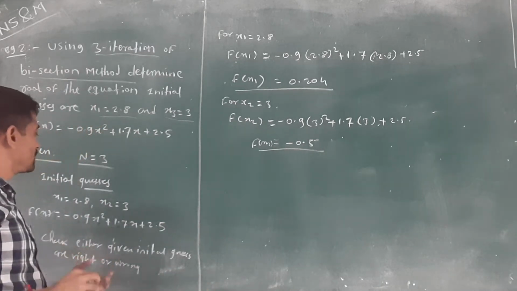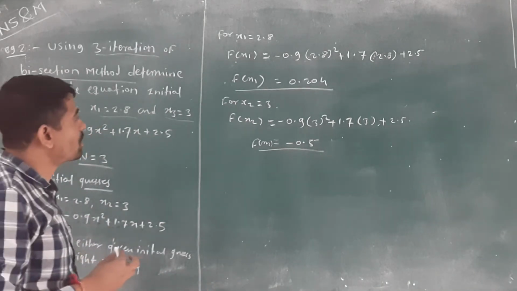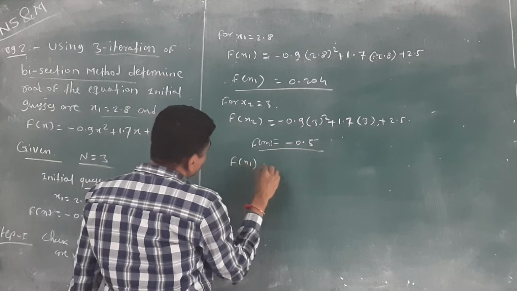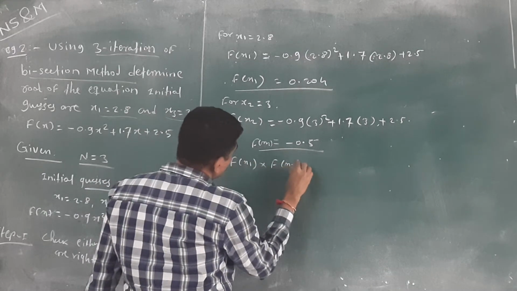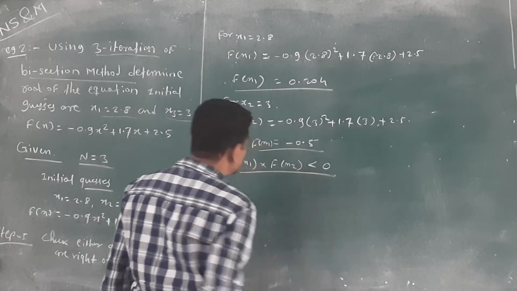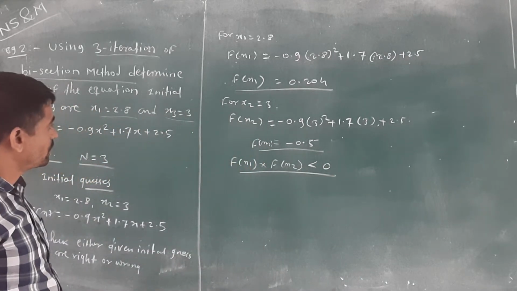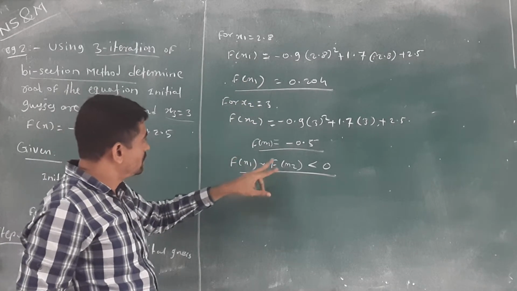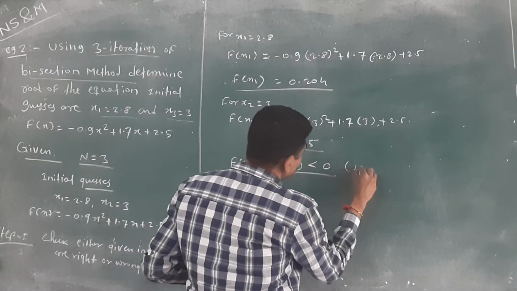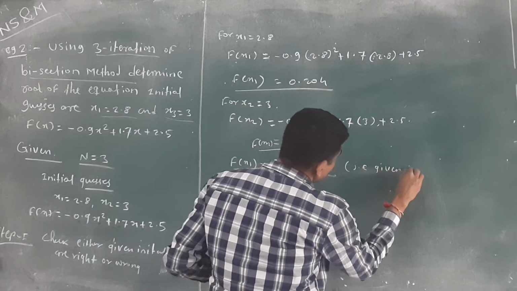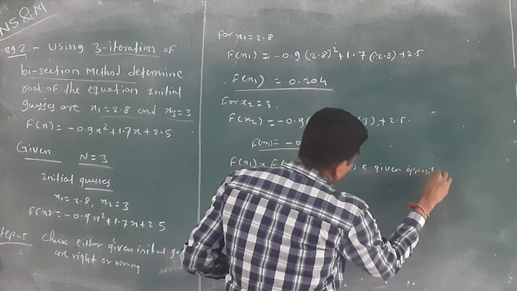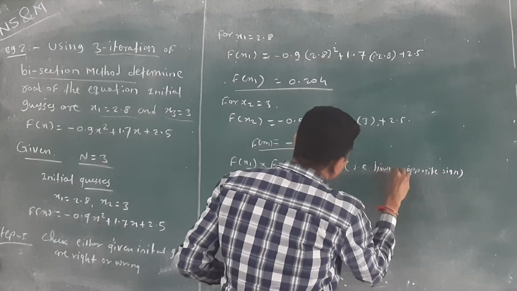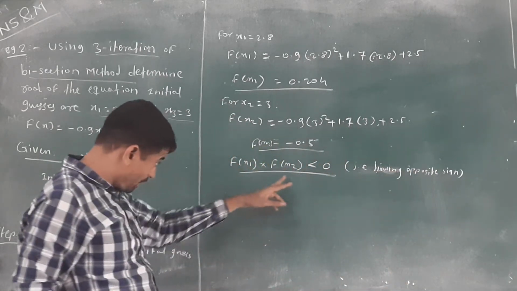We want to check whether the given initial guesses are right or wrong. How do we check that? We know that f of x1 into f of x2 should be less than 0. Check the values of f of x1 and f of x2: they have opposite signs.